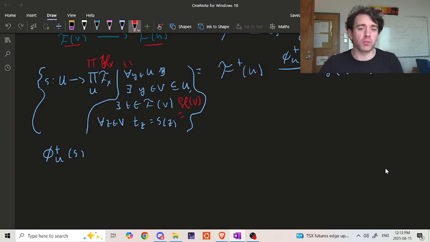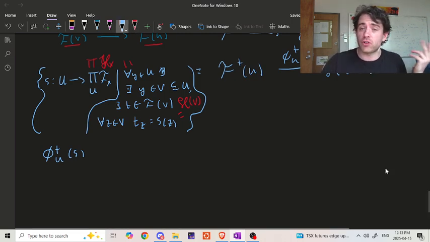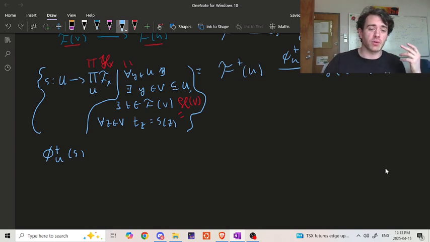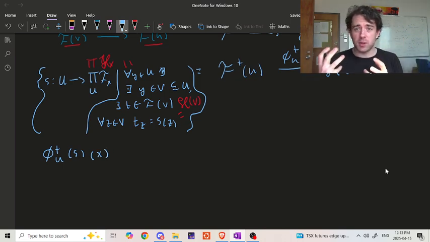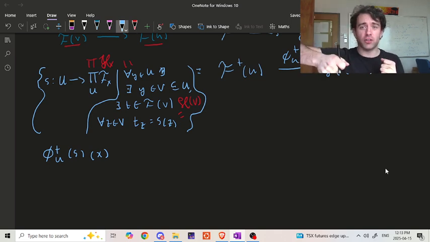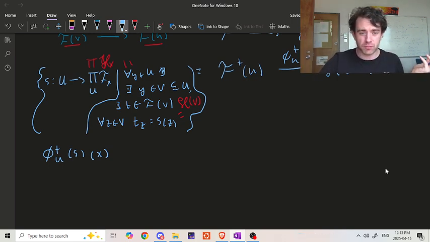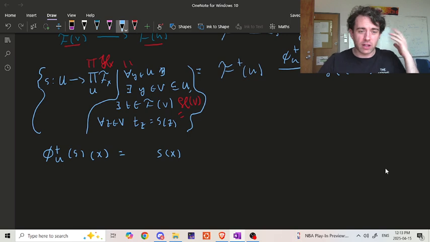So what could we possibly try? Of course, in order to define a function, it's enough to define what that function does at every single point. And somehow it has to be built out of s. Well, s will take this point x and land you in the stalks of F. So if I applied s to x, I would now get an element of the stalk at x.